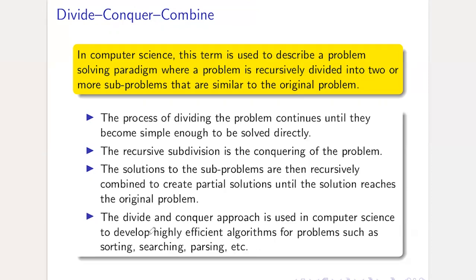This divide and conquer approach is widely used for applications such as sorting, searching, and also parsing. Sorting, you know what it is, putting things in a particular order; searching in a large collection to find a specific item; and parsing. That means if you have a text input, a lot of strings, you may want to break these strings into what we call tokens.